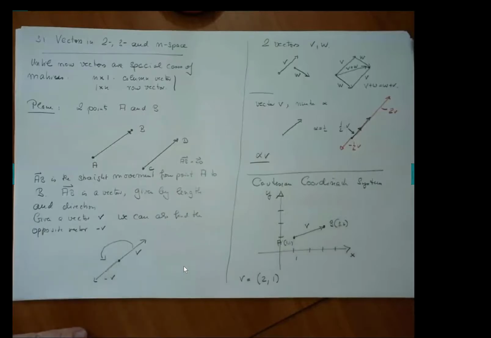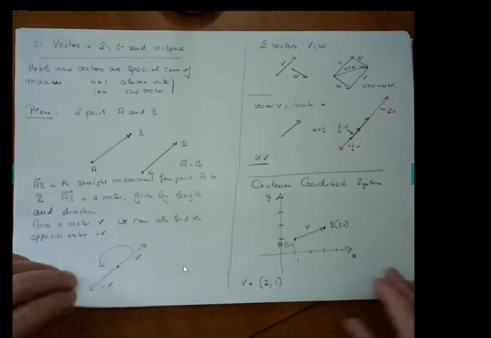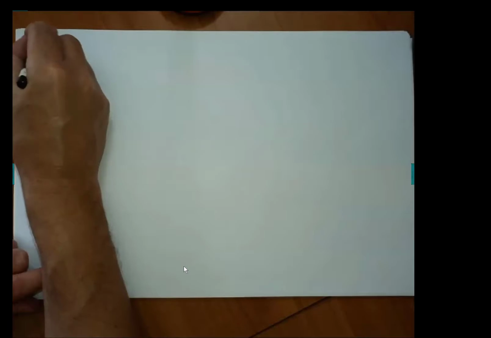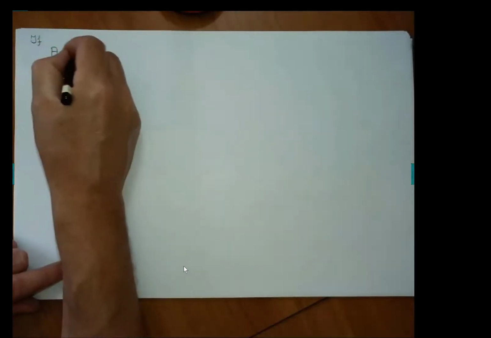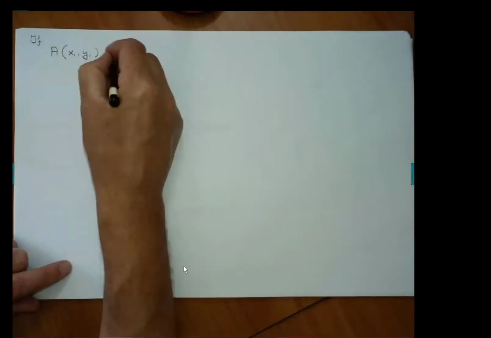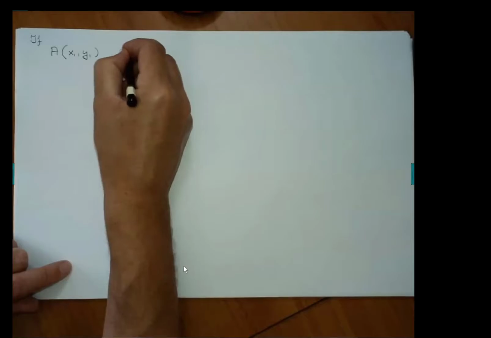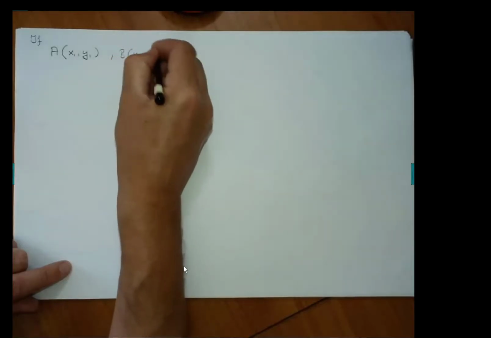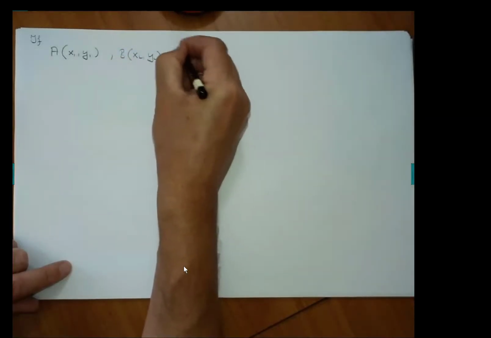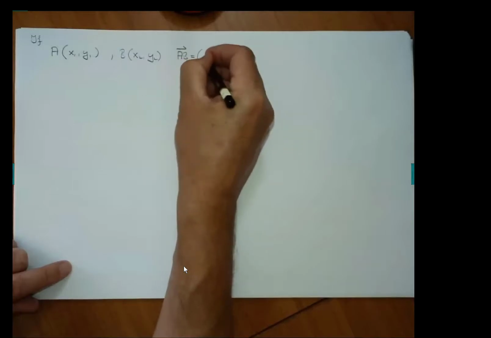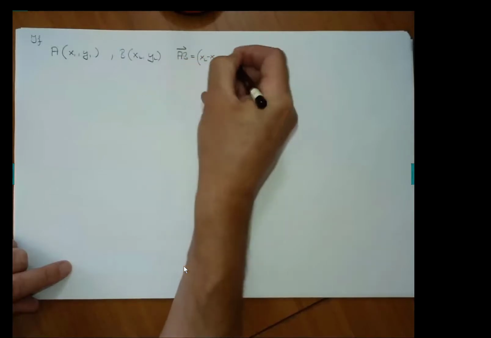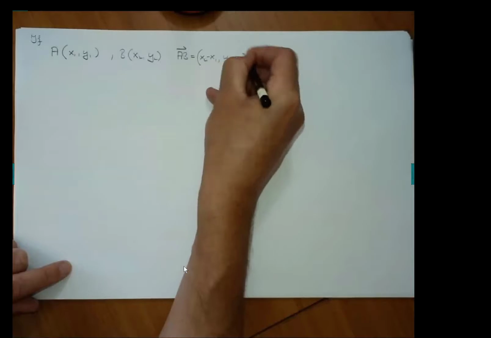And so in general, if the point A in the plane has coordinates x1, y1, and B has coordinates x2, y2, the vector from A to B has coordinates x2 minus x1, y2 minus y1.